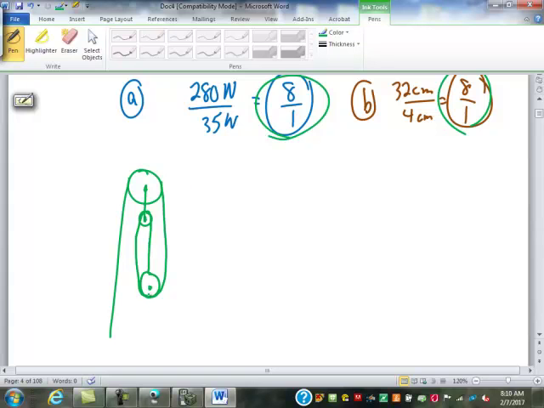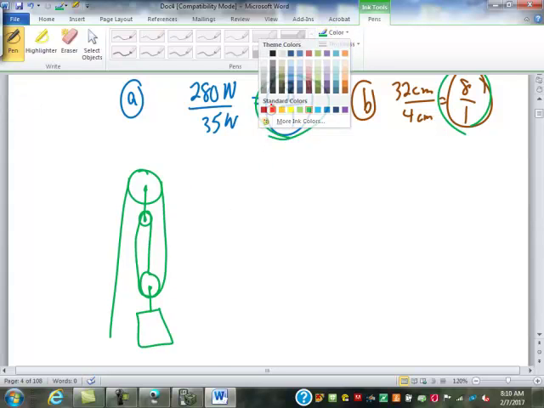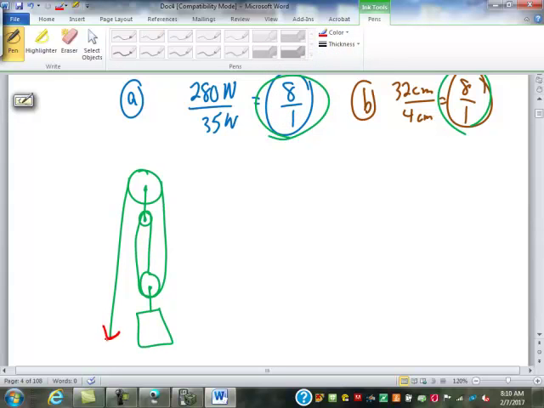So we're lifting this weight here. It's attached. We can pull here and we can lift. What we pull here has to be 1/3 of this weight. So let's say this is a 300-pound weight. How much force do we have to pull with? 100 pounds. That's the 3 to 1 mechanical advantage.